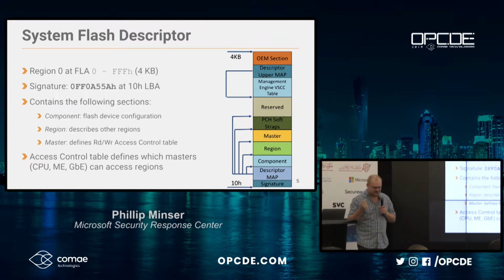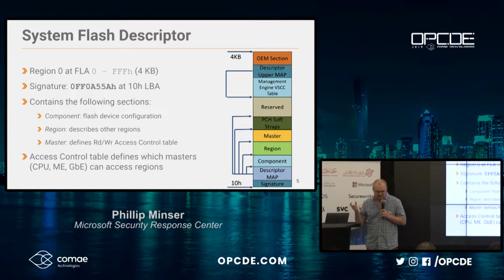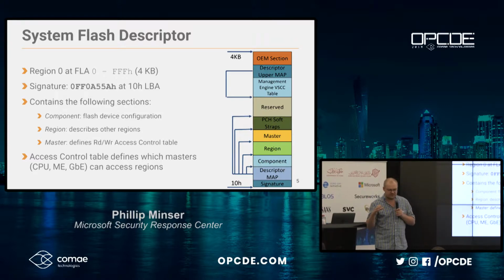So the SPI descriptor, another name is flash descriptor, is stored in a region with index 0, so the first region. It's 4 kilobytes, and this 4 kilobytes has a specific format and specific things inside it. First, it defines the layout of all of the other regions. So basically, the SPI descriptor is telling: here is this specific region, here is this specific region.